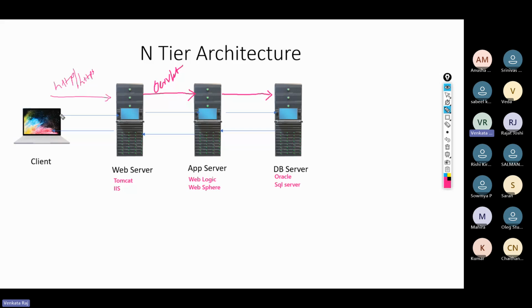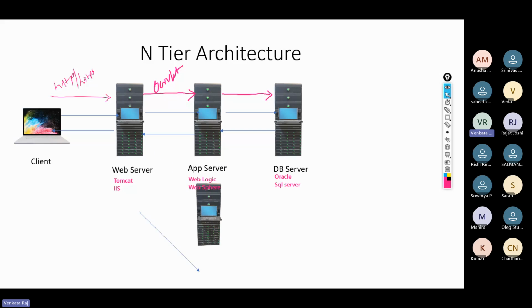Now if you are sending thousands and thousands of requests, sometimes one application server may not be sufficient due to its configuration. In that case, the client or the development project lead will decide to increase the application servers or upgrade the existing application server.